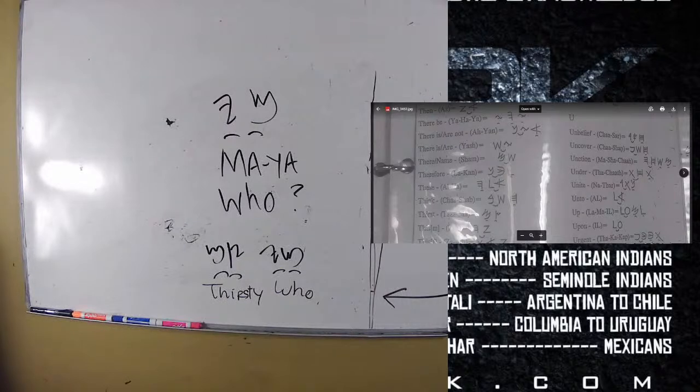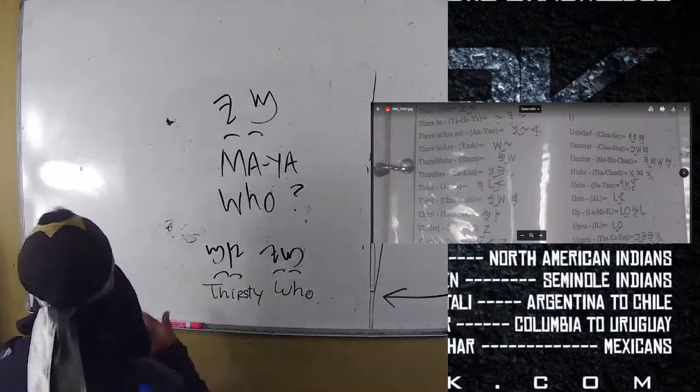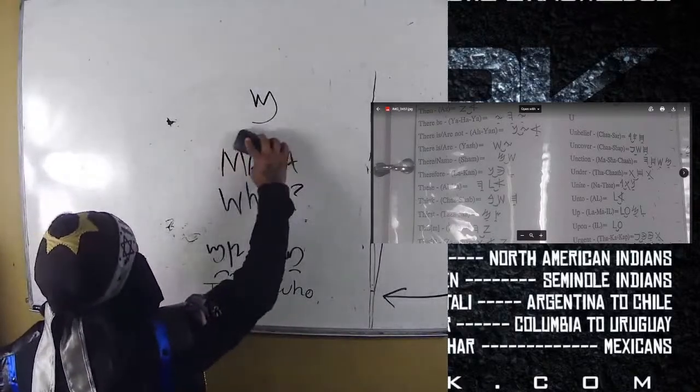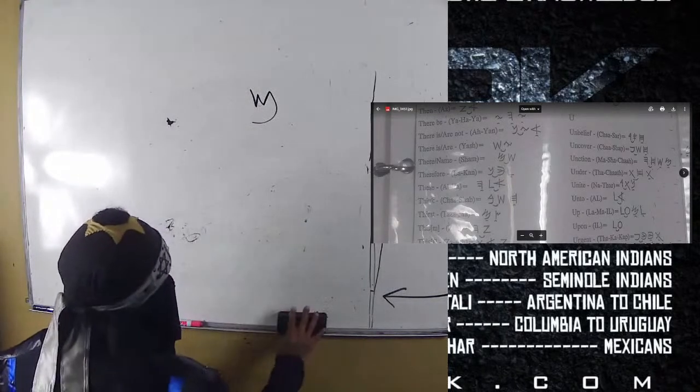Now you need when, where. Who, what, when, where, why. And you know how is the same word as what. I'll put that up there now, just so we can have it. How and what are the same words. You ain't got to worry about that.